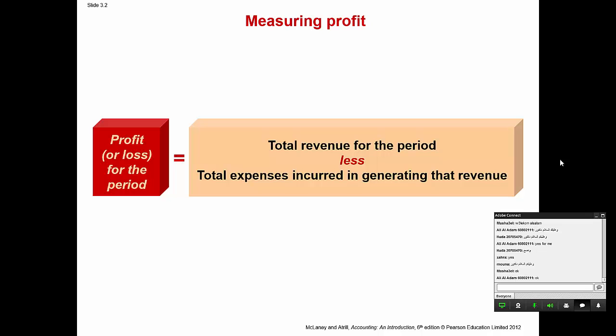The income statement is one of the most important financial statements, as I said before. And if you remember last lecture, we discussed the balance sheet, and we said that we can measure and analyze the financial position of the organization through the balance sheet.